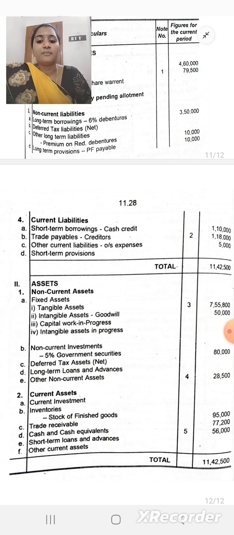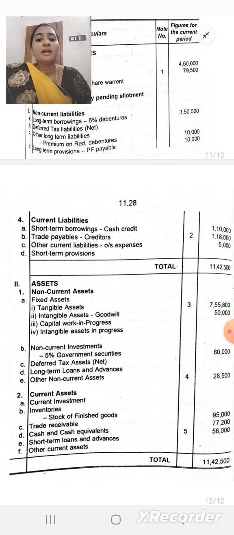28,500. Second, current assets. I have explained non-current assets. Now I am going to explain current assets. Current investment. There we said non-current investment; here we are going to see only current investments. Inventories like stock, finished goods, trade receivables all come under current assets.